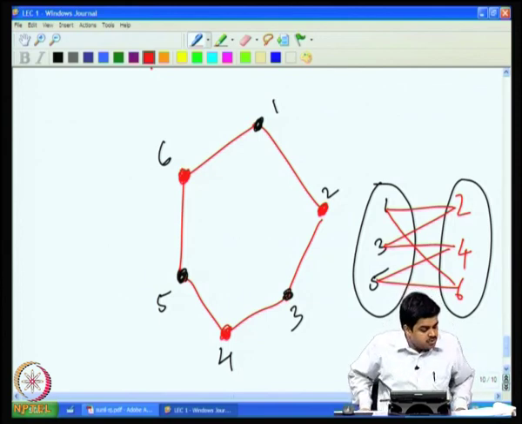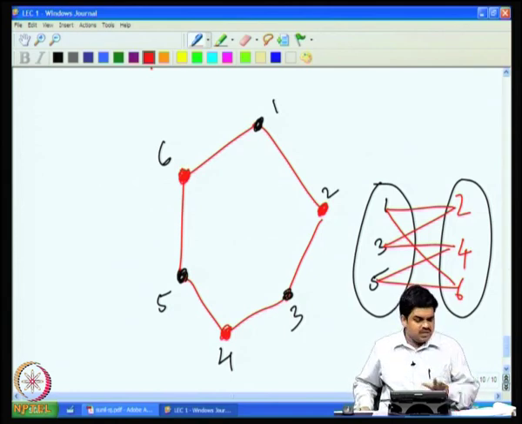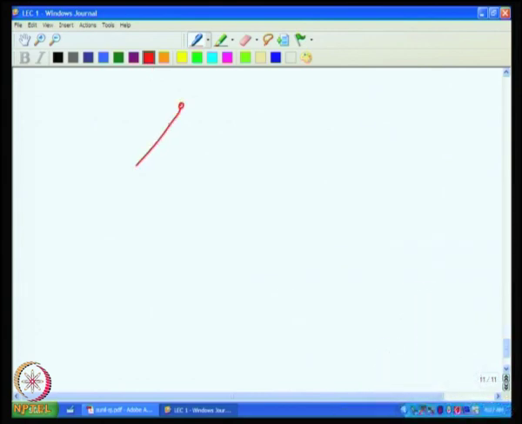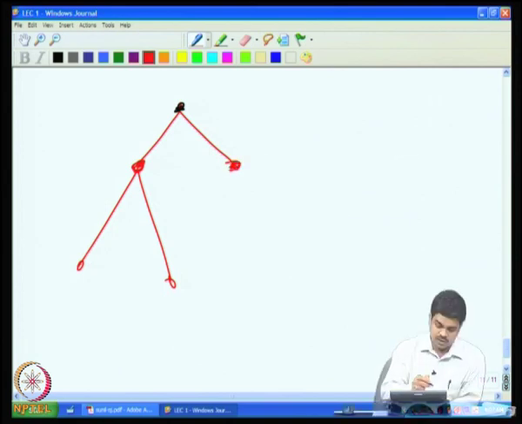So, is it possible that any graph is bipartite? Let us consider some simple examples, like a tree. So, this is a tree. Is this a bipartite graph, for instance? Yes, this is a bipartite graph because we can place, say, this in one side, and then immediate children of that can be placed in the other part, and then the children of this can be placed in the other part like this.